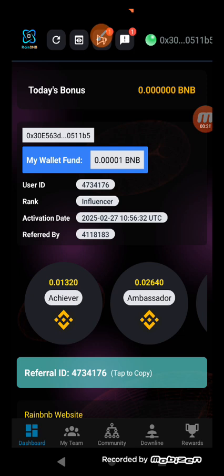Now, as of the time I made the first video on BNB on Rainbnb, BNB was selling at a value of around $500. Even that was during a time of fluctuating prices; it even went below that.